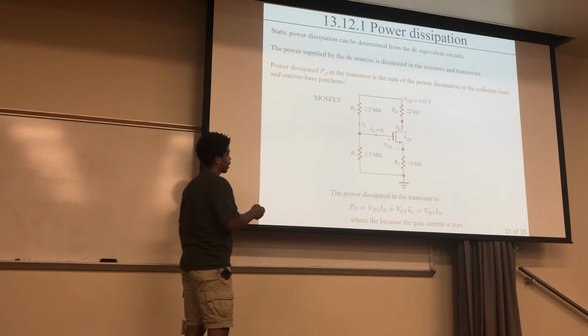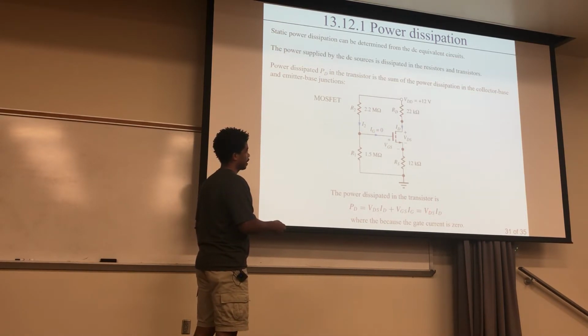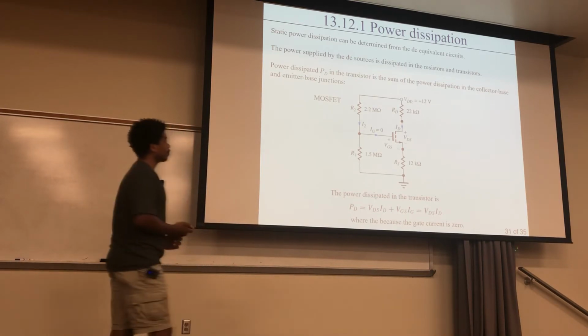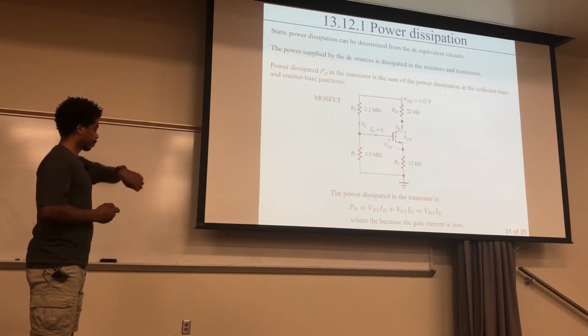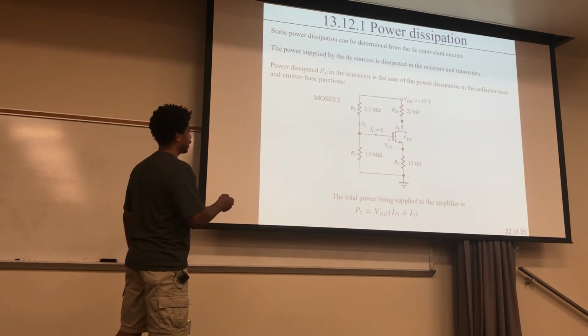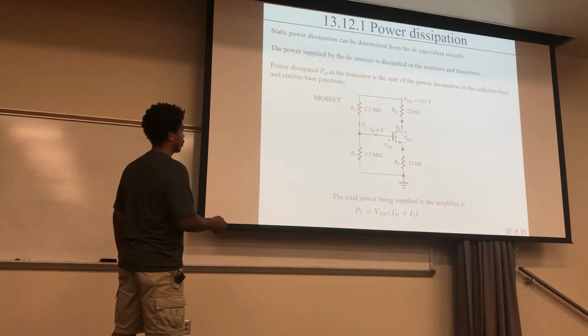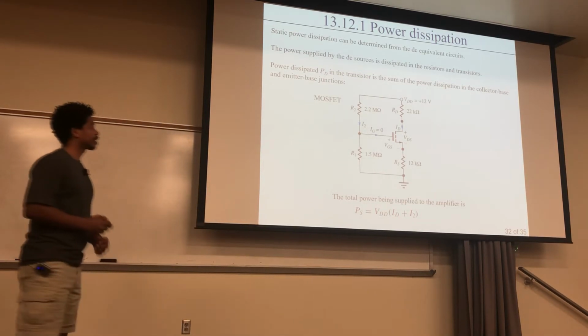But of course, this right here is 0, so you're just going to reduce down to VDS and ID. And the power that's being supplied is this VDD and the currents right here. You have your ID and your I2 for the supplied currents.